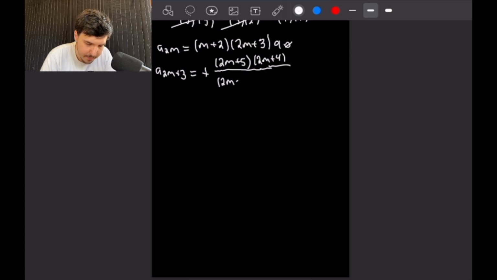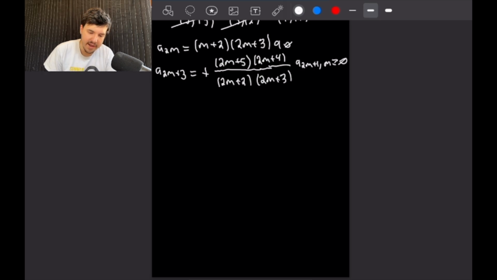It is 2m plus 2 times 2m plus 3. And that will be all times a sub 2m plus 1 for m greater than or equal to 0. Great. So just like the last time, I'm going to factor out a 2 from this term and a 2 from this term to simplify our calculations for our coefficients. So this will equal the following.